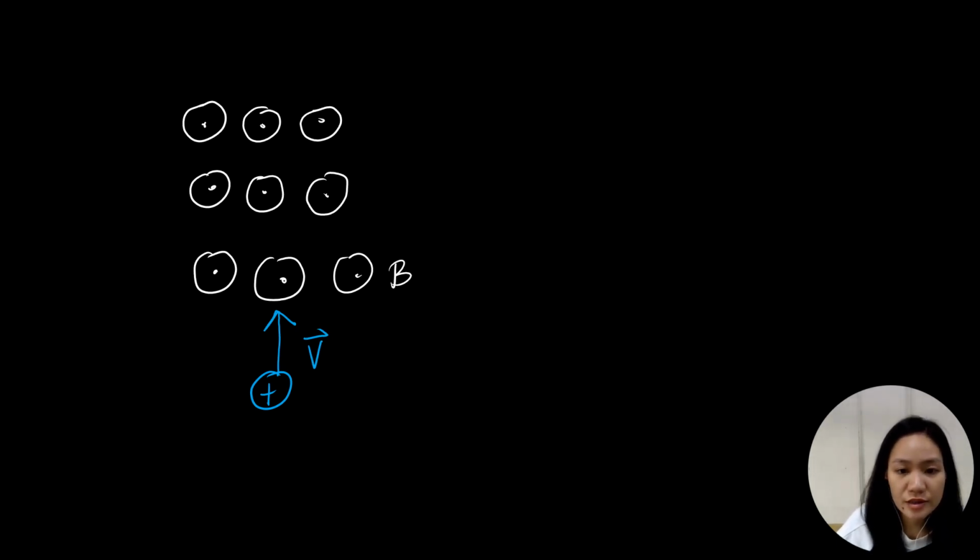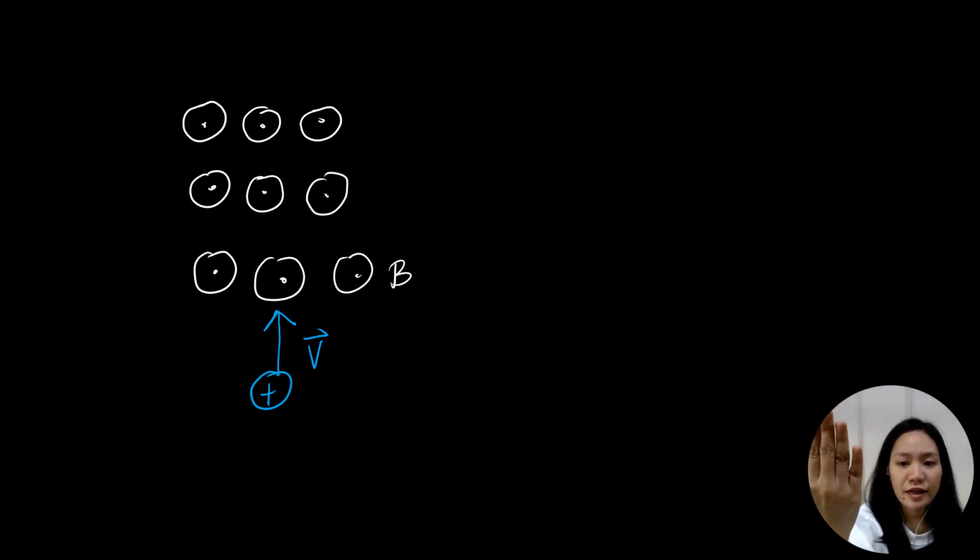What do you think is the direction of the magnetic force that will act on the particle? Use your right hand to determine the force. The answer is to the right.